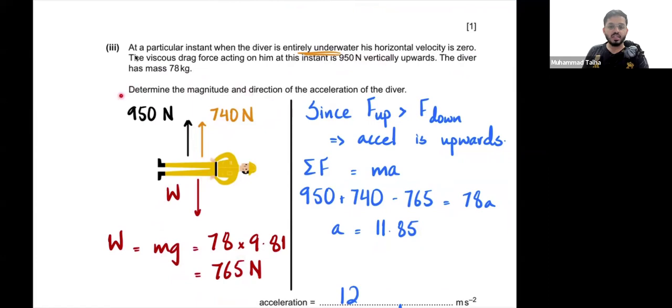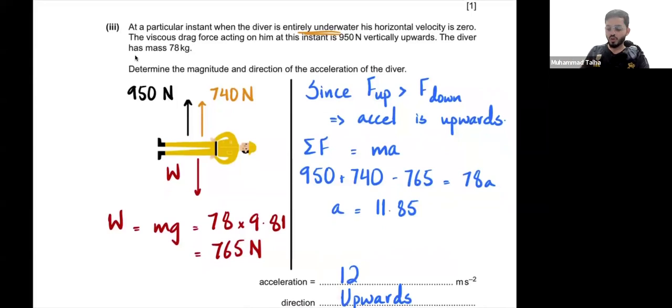Just looking at this, I can see that 950 plus 740, this is more than the downward force, which is 765. So resultant force is upwards, right? Because F up is greater than F down. Newton's second law tells us that whatever the direction of the resultant force, the acceleration will also be in that direction.